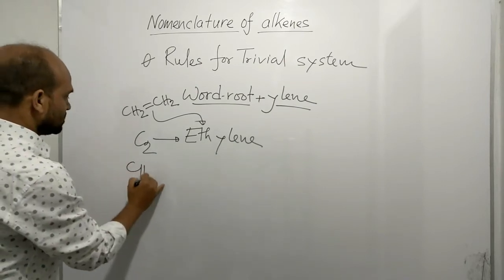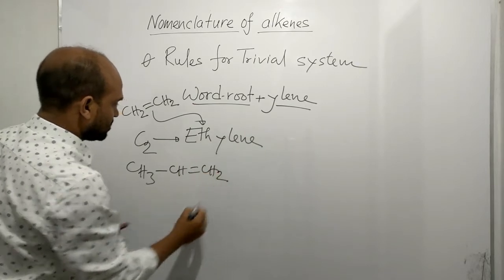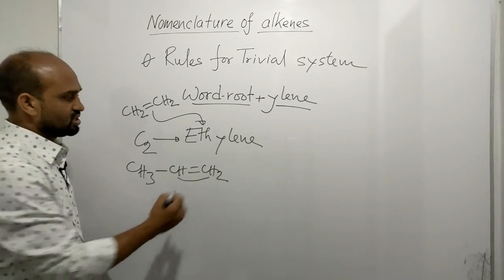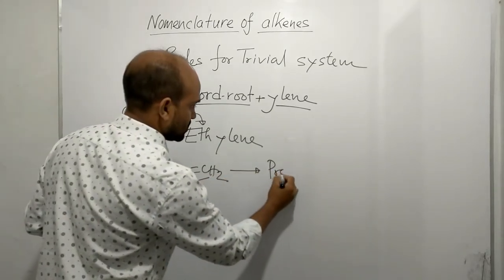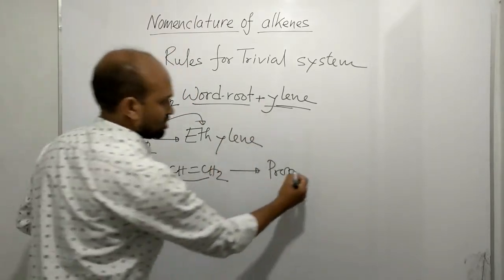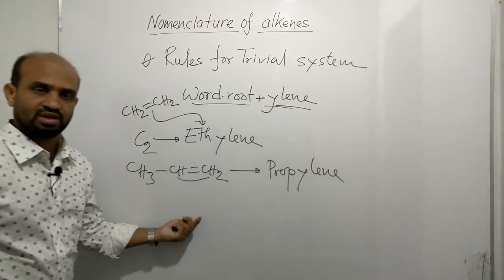Similarly, if we see this compound, it's a kind of alkene. There is a carbon-carbon double bond. 3 carbon atoms. So what is the word root? Prop. And what is the suffix here? Ylene. So its name will be propylene.